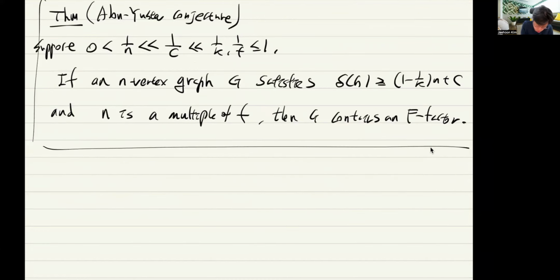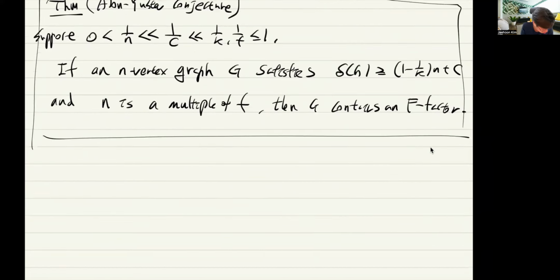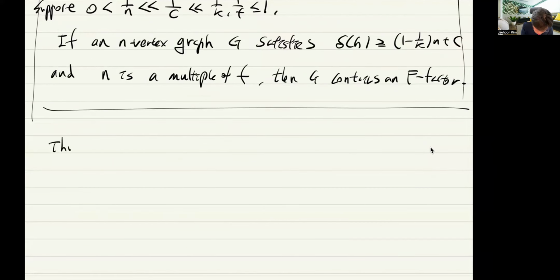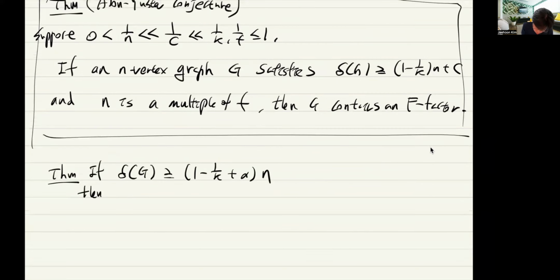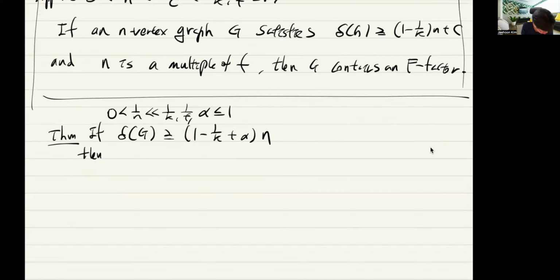And we can prove an approximate version of this by using the blow-up lemma. In the same setup, let's say you have a slightly bigger minimum degree condition, and you assume that n is large.